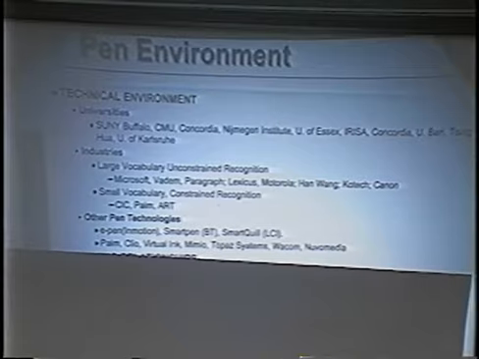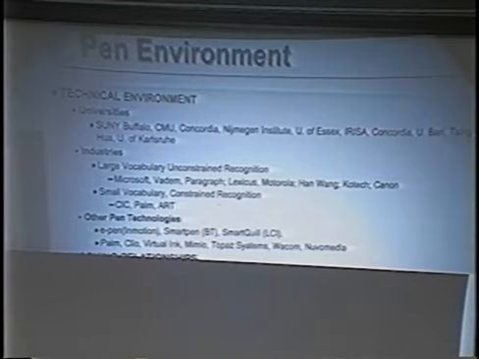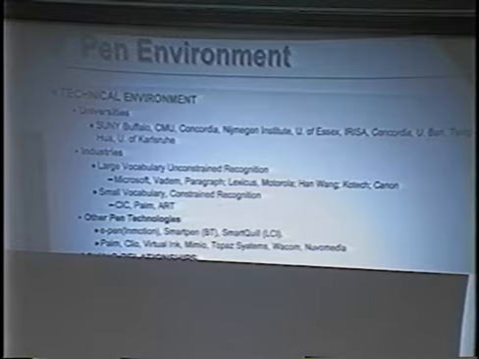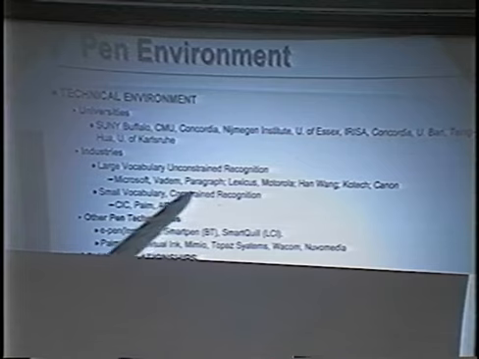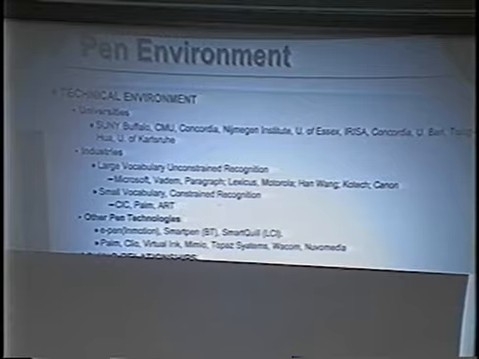Our biggest competitors are Paragraph, who's right here, and Lexicus, which is part of Motorola, which is also a speech company. These are two companies that have large vocabulary unconstrained handwriting recognition software. If you're aware of the Apple Newton, the handwriting recognition technology that they have is part of Paragraph. So Paragraph and Lexicus are the two big competitors for us for doing large vocabulary unconstrained writing. And there are other smaller companies like CIC and Palm's Graffiti, Art, and so on that do isolated single-stroke recognition.